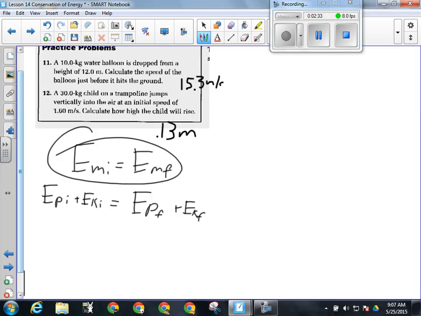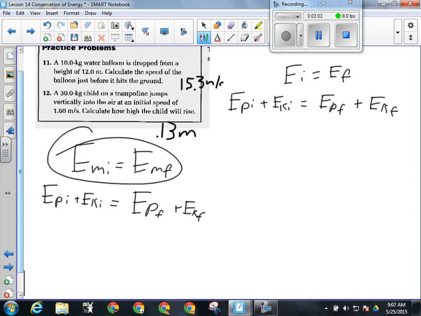So we drop this thing and we say that initially it's got mechanical energy. At the end it's got mechanical energy. Then we write this out. We say initial potential plus initial kinetic equals final potential plus final kinetic. Our job at this point is to decide, do I have all 4 of those forms of energy? And the answer in this question is no, I don't.